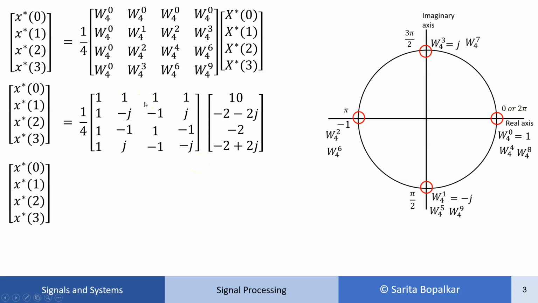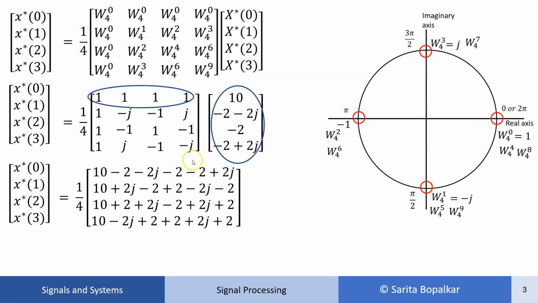First row of this one gets multiplied with this first column, then second row of this one will get multiplied with this first column. Like this, first row will get 1 into 10, 1 into minus 2 minus 2j, then 1 into minus 2 and 1 into minus 2 plus 2j.